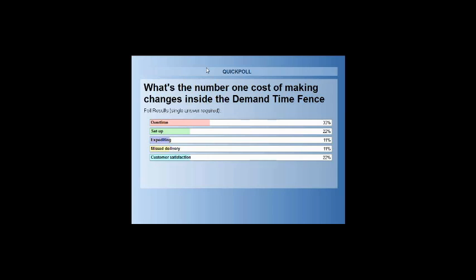The most obvious, running overtime to meet the delivery. The least quantifiable, customer satisfaction, because the customer may decide to vote with their feet and take their business elsewhere, and you'll never be able to calculate how much business you lost because you missed delivery.